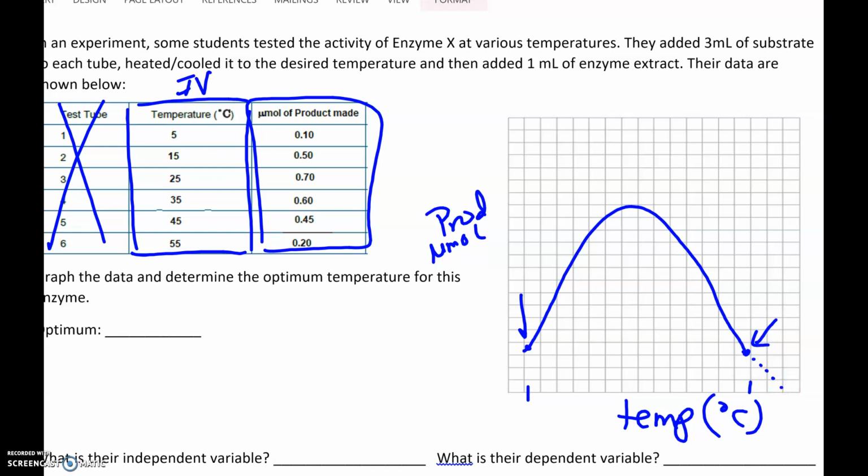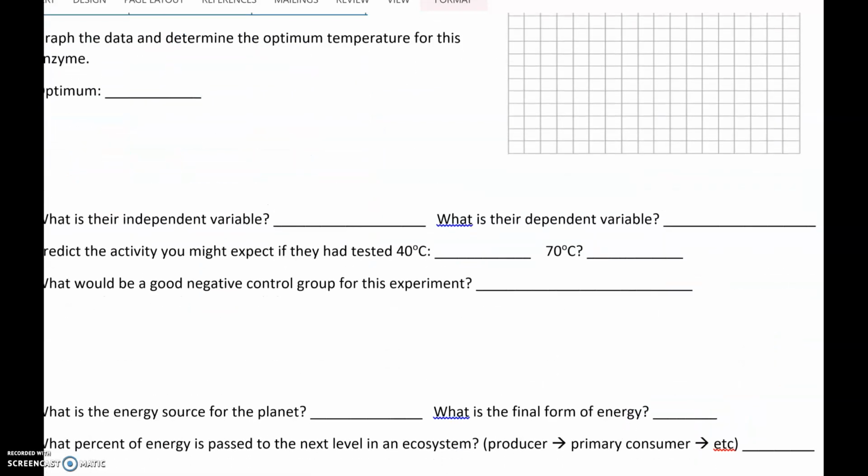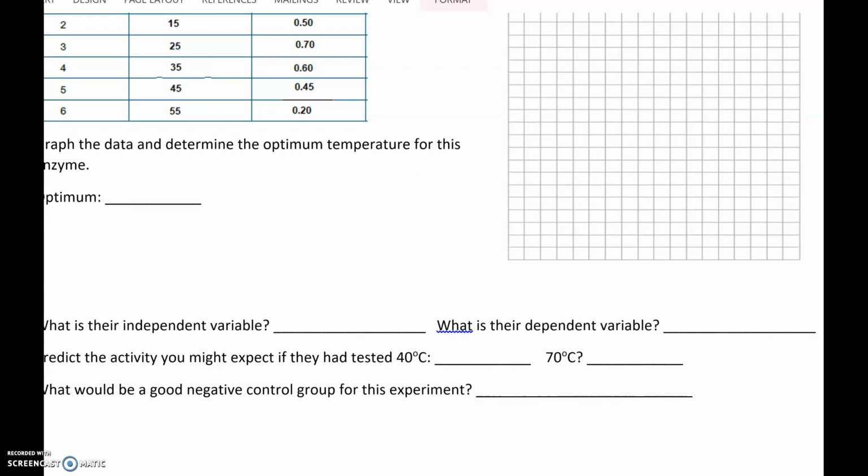The optimum temperature for this ends up being, when you graph it all out, and I do have the key to this worksheet online, 25 degrees Celsius. The independent variable is the temperature, the dependent is the amount of product made, and really important, to predict what you would get at 40, any answer that would be acceptable, you figure here's 35, here's 45, your answer should be somewhere between those two numbers, and you can basically estimate it from your graph.